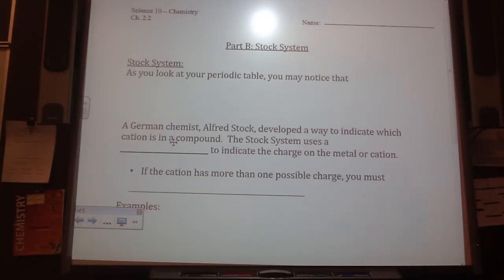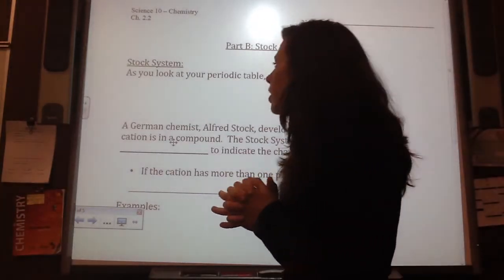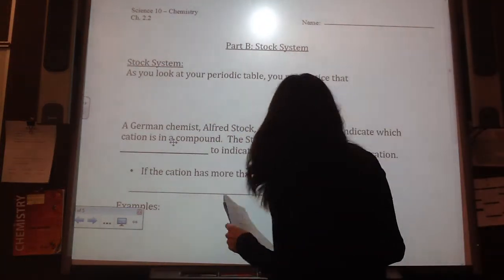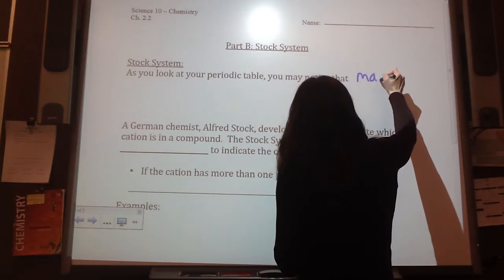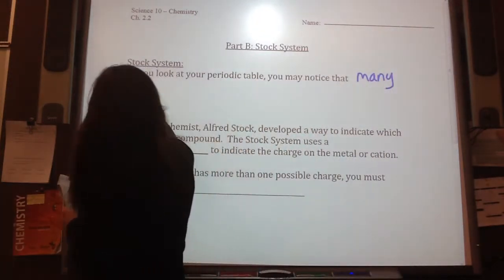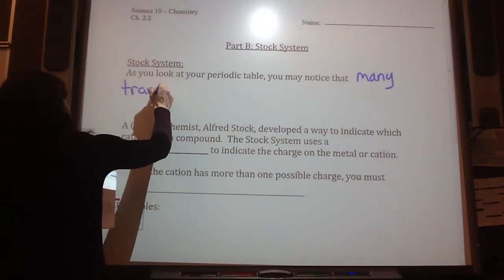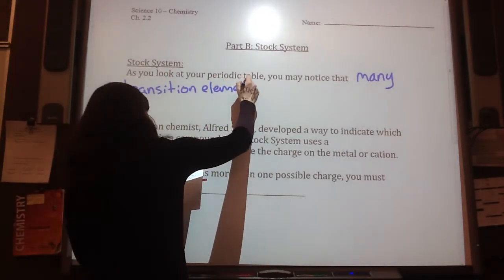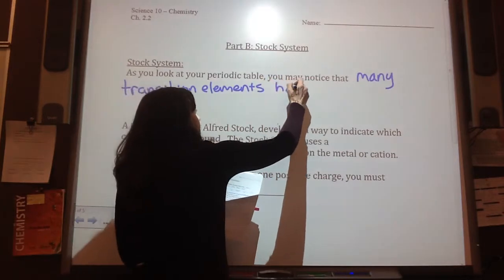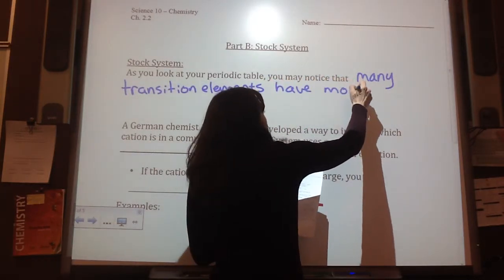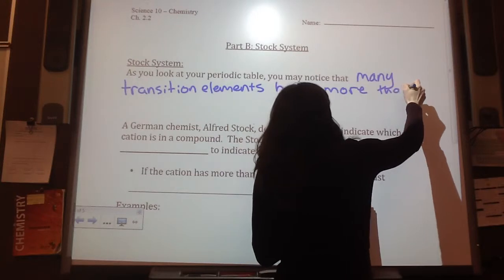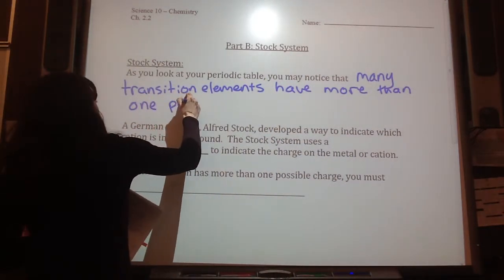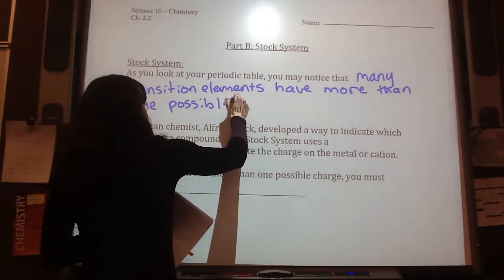Okay, so as you look at your periodic table, you may notice that many transition elements have more than one possible charge.